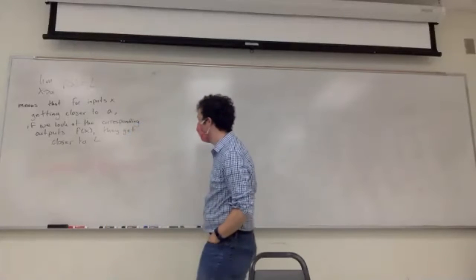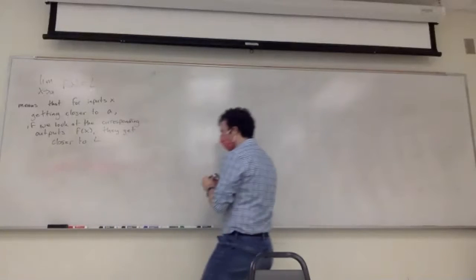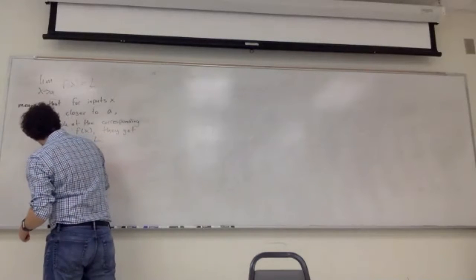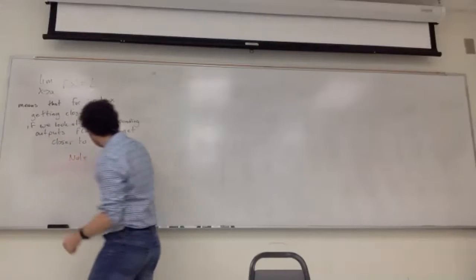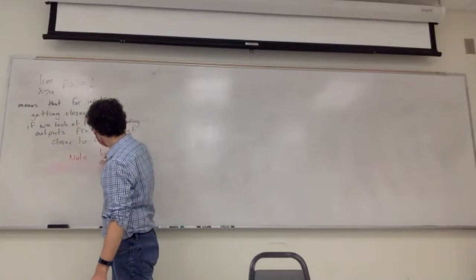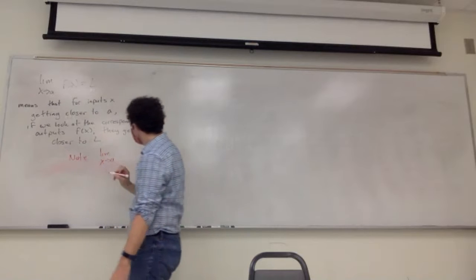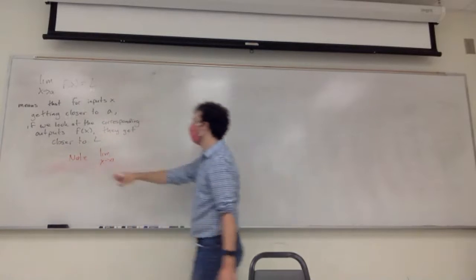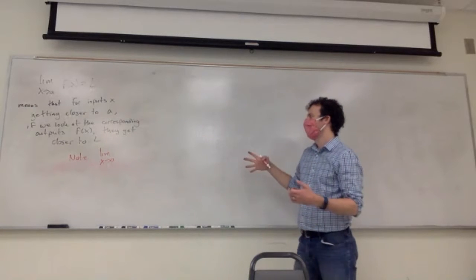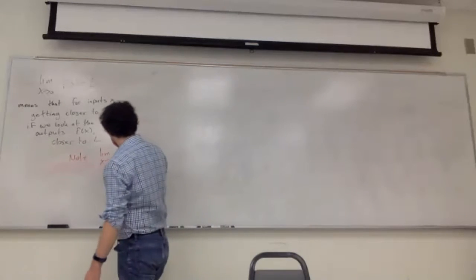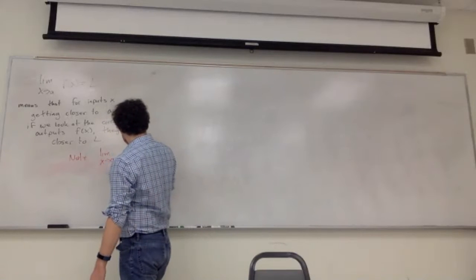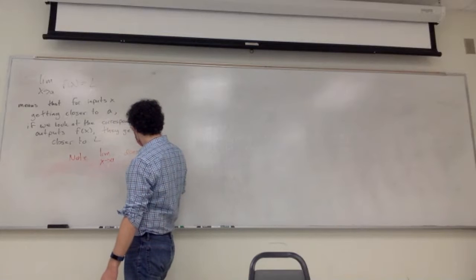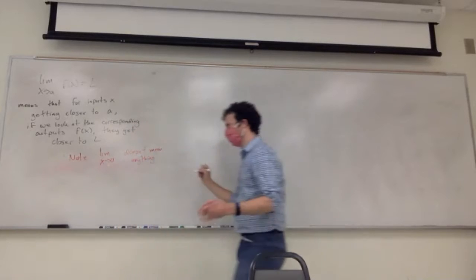A few things before we get going, and I'll do this in red as a kind of warning. Note that if you just write this on its own, the limit as x goes to a, without a function, it doesn't mean anything.